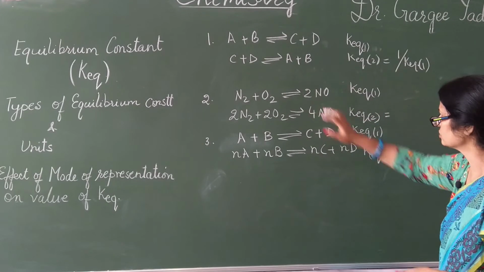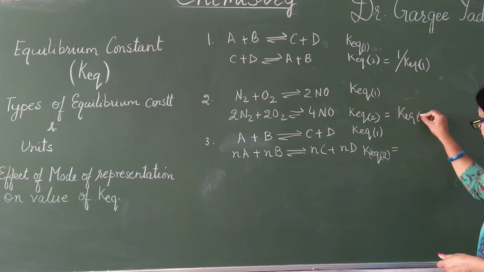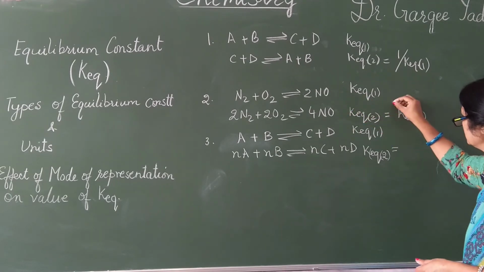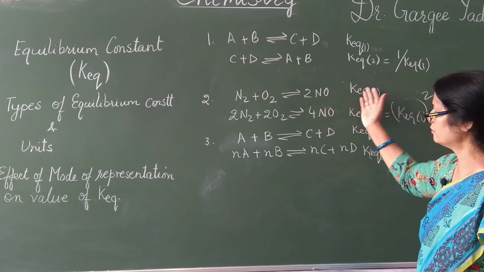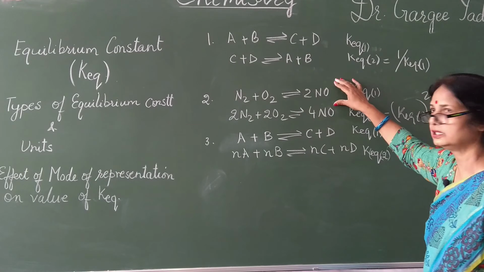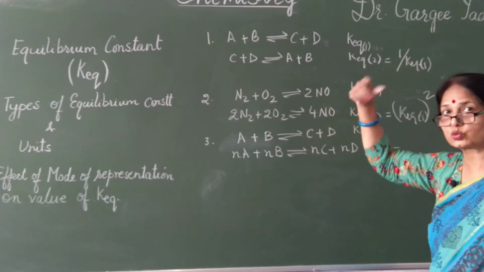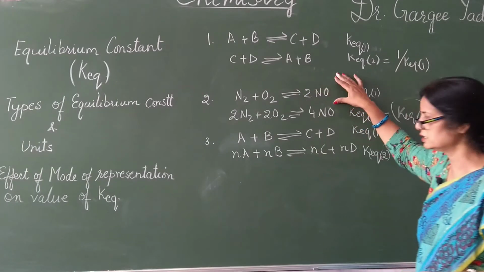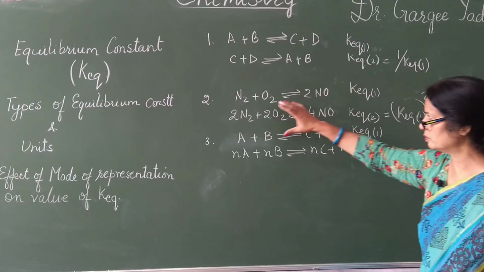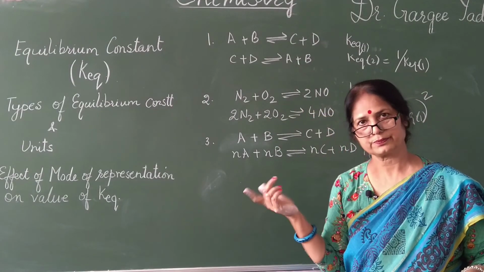Then the equilibrium constant for the new reaction is the square of this. Suppose the equilibrium constant for this reaction is 3. Then for the new reaction it will be 3 squared, which is 9. If it is 10, then the new one will be 10 squared, which is 100.